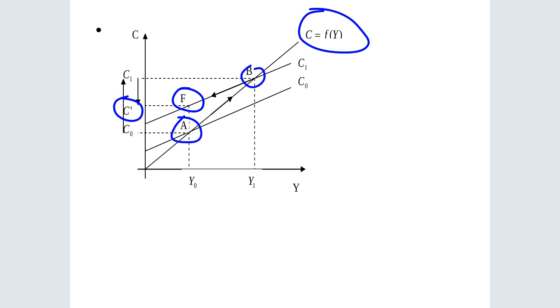If I take you back to the diagram, we said when the income increases, the consumer simply moves along the long-run consumption function and consumes at point B. When the income falls to Y0, our expectation is that the consumer will again move backward.